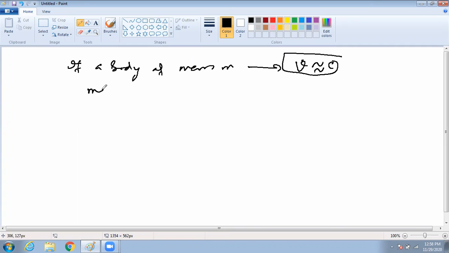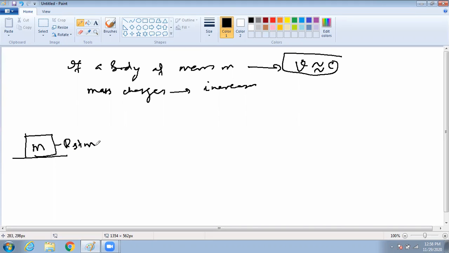The mass changes, it increases. If the body is at rest, the mass m is called rest mass. If I move with speed, as the speed slowly increases, the mass will increase. The formula is m final equals m rest divided by the square root of 1 minus v square by c square.